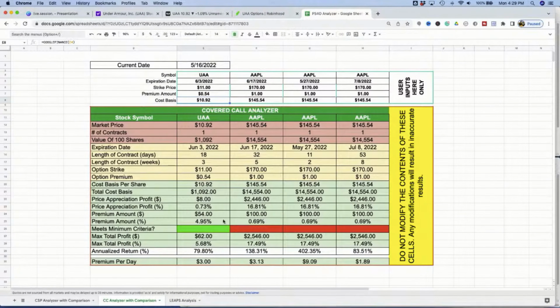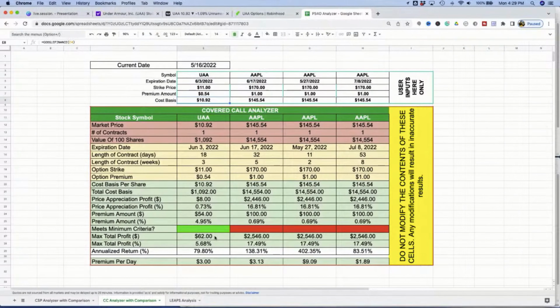And so best case, let's say my shares get assigned, and that's the best case. My shares get assigned, I receive payment, that $8 profit I talked about. I would receive a total maximum profit of $62, right? So that's the $8 for the price appreciation plus the $54 premium payment.